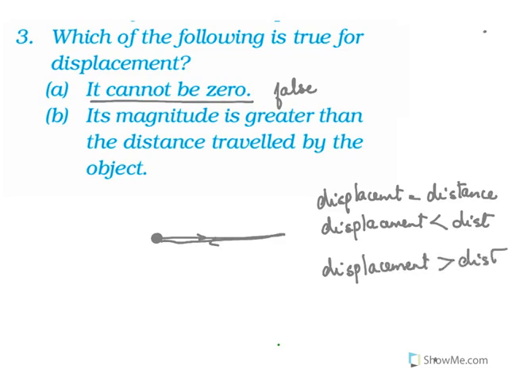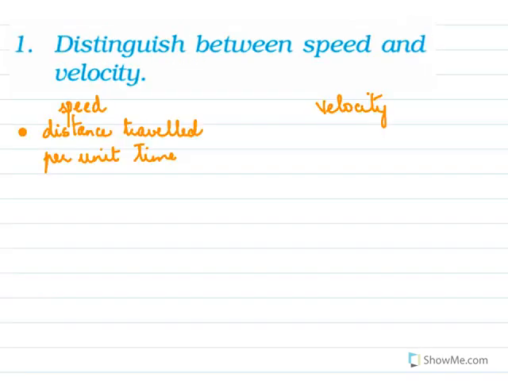Greater than distance, this never happens. So this again is false. Distance can be equal to displacement if the body is traveling in a straight line without changing direction. Displacement can be less than distance, but displacement will never be greater than distance.